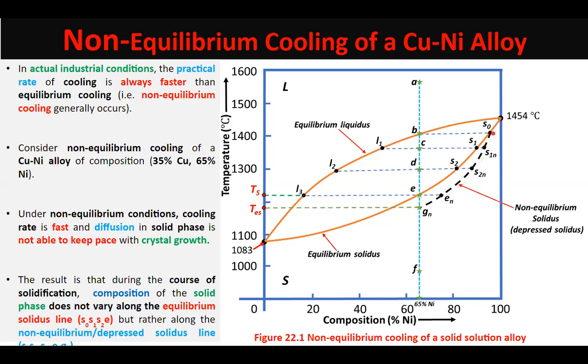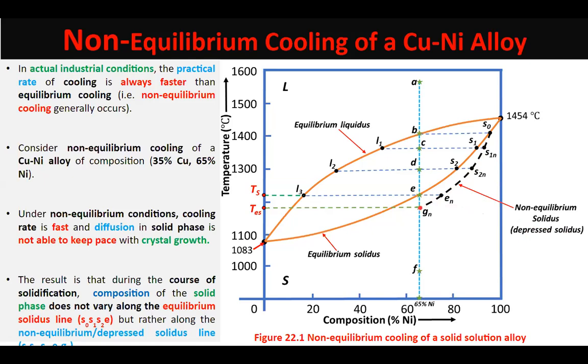So this line that gets generated by joining all these non-equilibrium solid composition points is again a solidus line, but this is not the equilibrium solidus, this is called the non-equilibrium solidus. And because this is below the equilibrium solidus line, it is called the non-equilibrium solidus or depressed solidus. It is also sometimes referred to as the effective solidus, meaning the actual solidus under non-equilibrium cooling. And if you now extrapolate this line, you will see that this line cuts the alloy composition point somewhere over here.